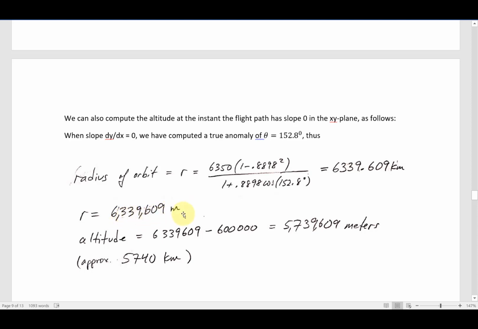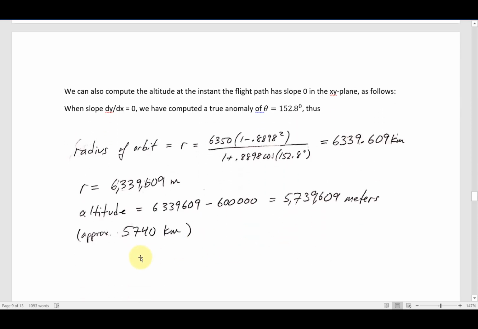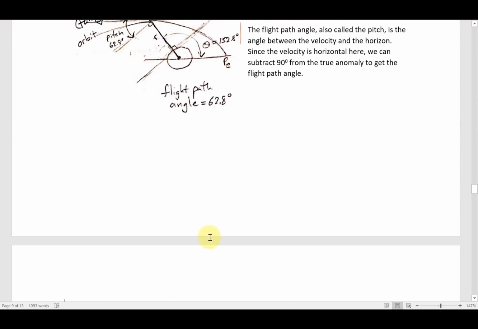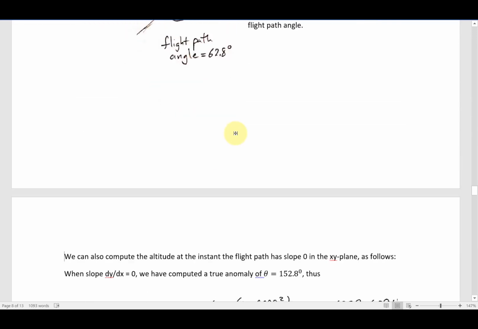Subtracting off again the radius of Kerbal to get the altitude, it's roughly 5740 kilometers. So what I'll be looking for is a true anomaly of about 153, altitude about 5740 kilometers, and a pitch of about 63. Let's see if that works.